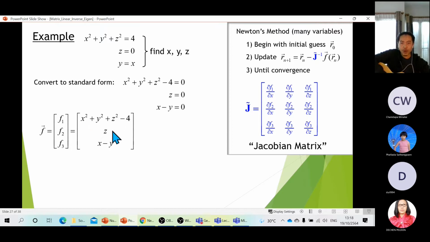Very simple. Now in general, this f is not going to be 0 unless we are exactly at the perfect solution. In general, it's going to be some number which is not 0. So once we have defined the f vector, we proceed to the J matrix.